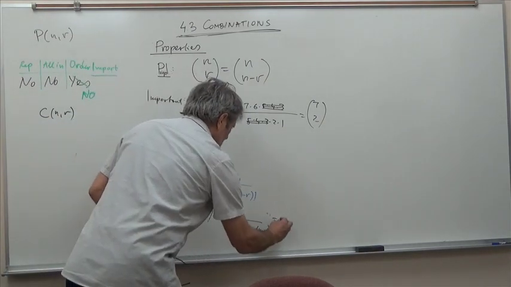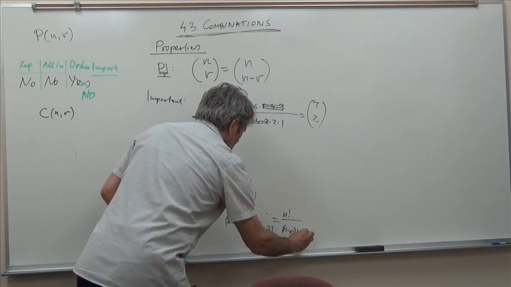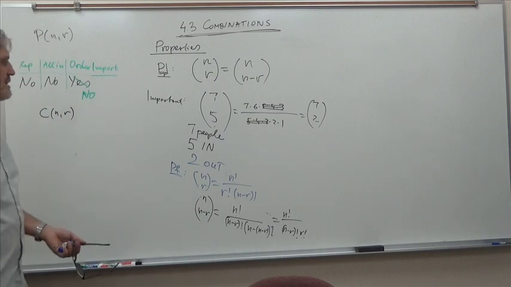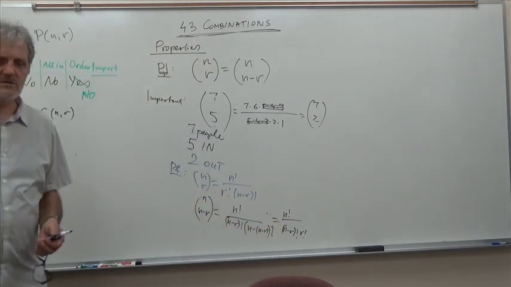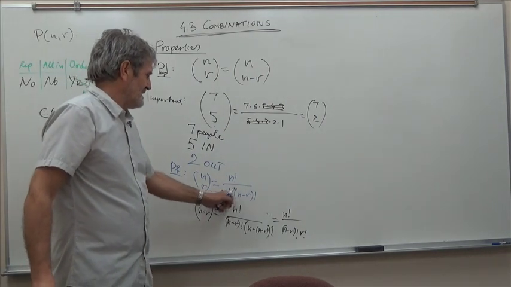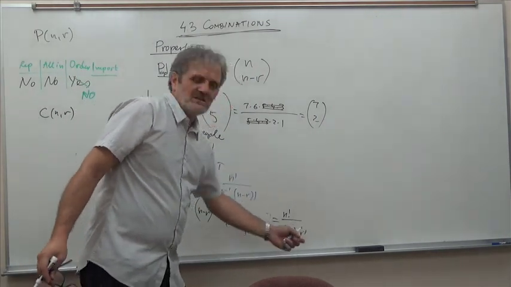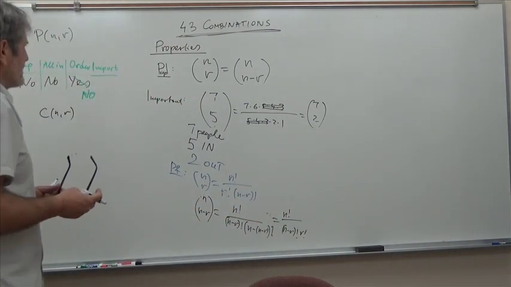So I get n factorial over n minus r factorial and r factorial, just in a different order. So that's what I said a minute ago: in, out, and this is out, in, the same story. All right, that's the first property.